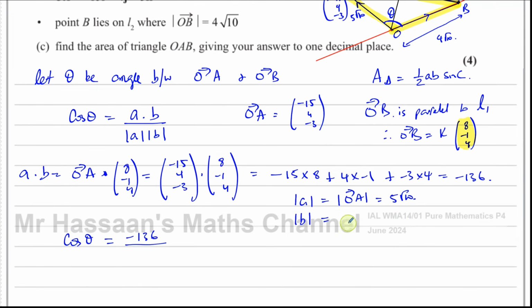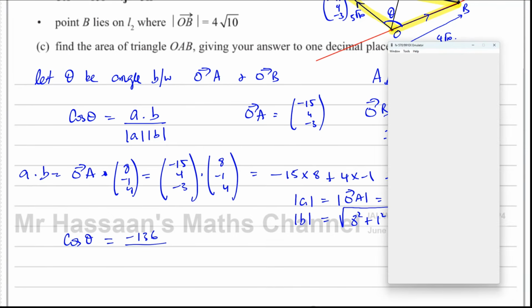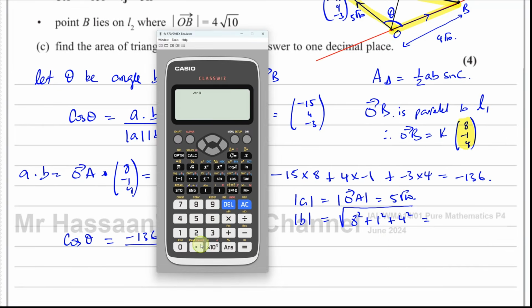So it's very important for you to take that into account. So I need to find the magnitude of this direction vector, which is the square root of 8 squared plus 1 squared plus 4 squared. That gives us 9.